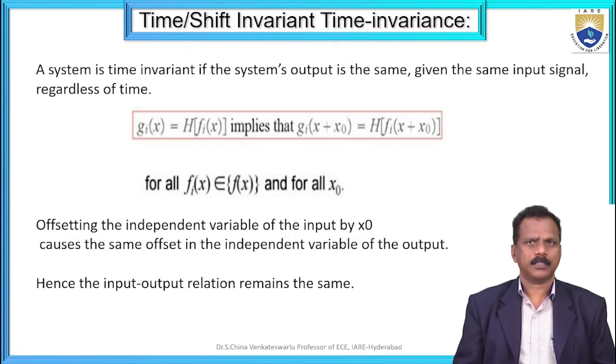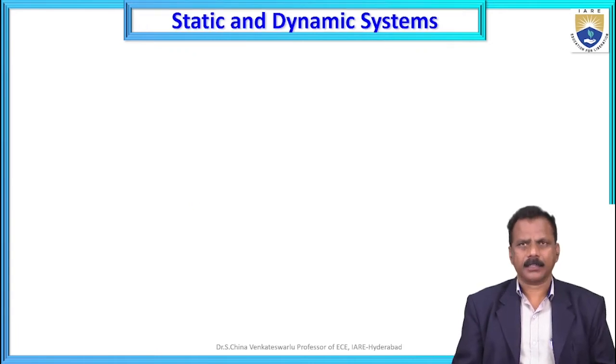So, if y(x) = H[φ(x)], this implies that y(x + x naught) = H[φ(x + x naught)] for all φ(x) and for all x naught. This is how you have to represent it mathematically.